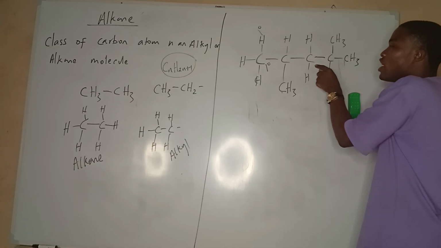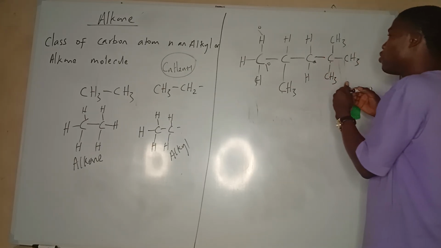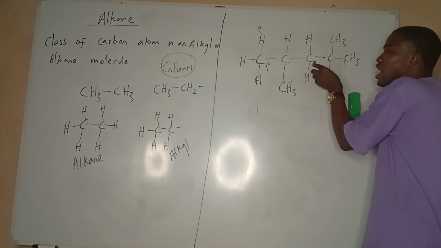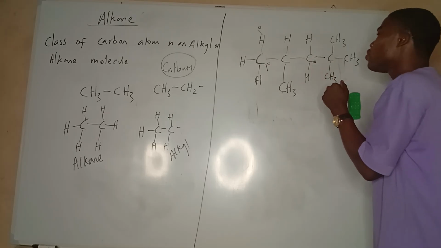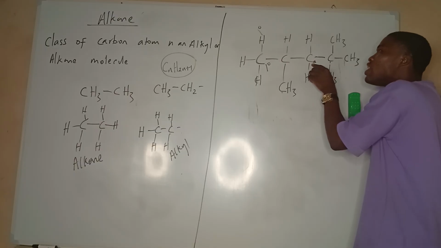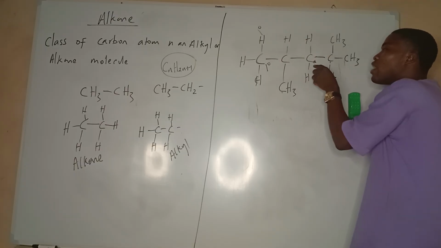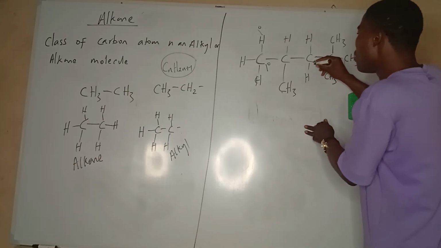This carbon, marked with an asterisk in the middle, is bonded to two carbons. So this carbon is referred to as a secondary carbon. Another way to quickly know a secondary carbon is that it normally has two hydrogens. So on an alkane, when a carbon has two hydrogens and is bonded to two carbons, it is secondary.